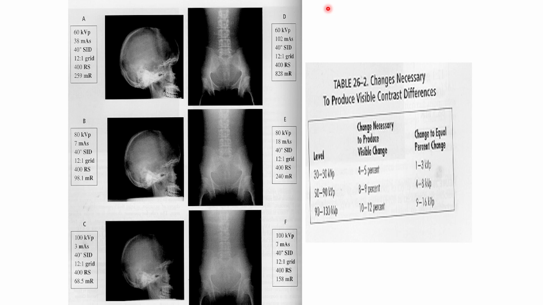Sa skull, saka sa thoracolumbar, lumbosacral. Okay. So, sa lumbosacral, of course, you can see na maganda yung radiograph niya, yung letter D. Okay, that is the ideal radiograph.